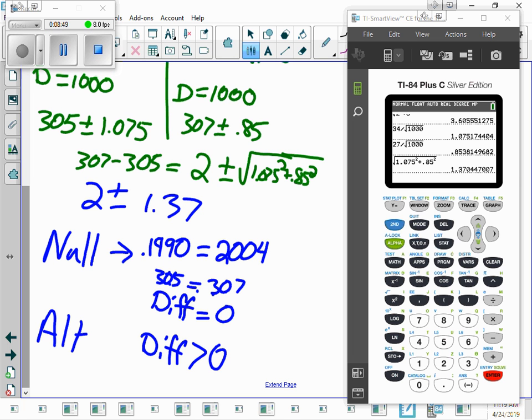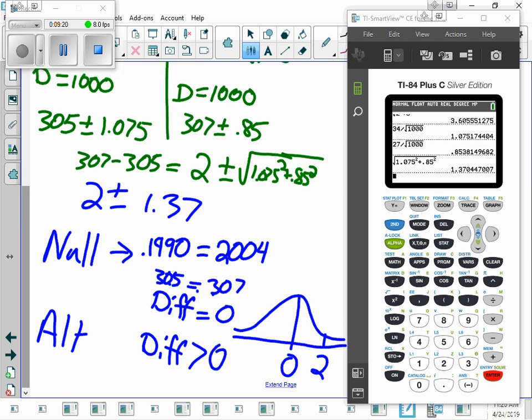Well, I draw my curve and 0 is in the middle. What is my z-test statistic? What is the difference between 2004 and 1990? 2. So over here at 2.